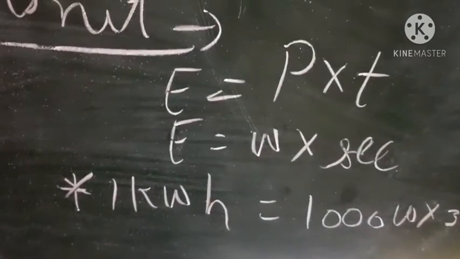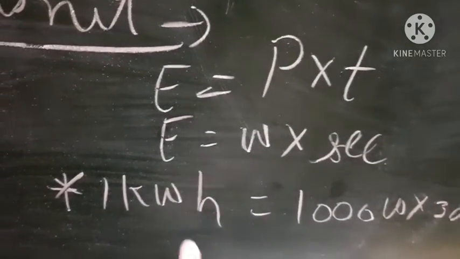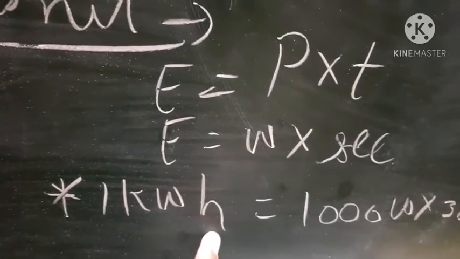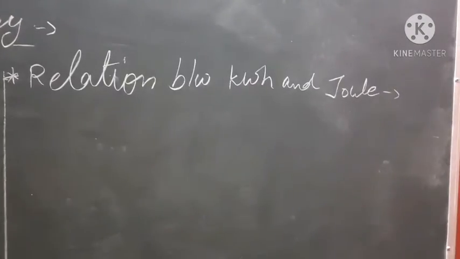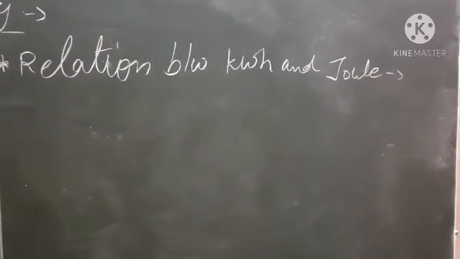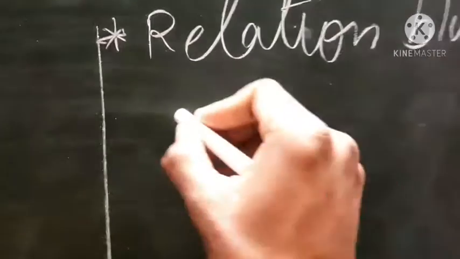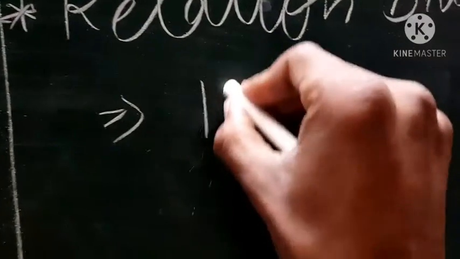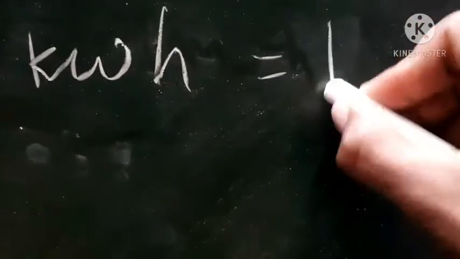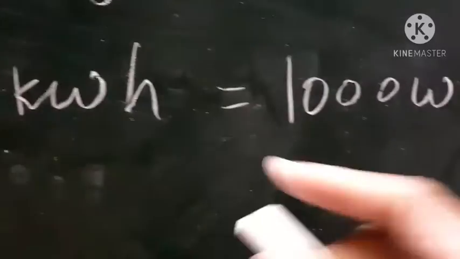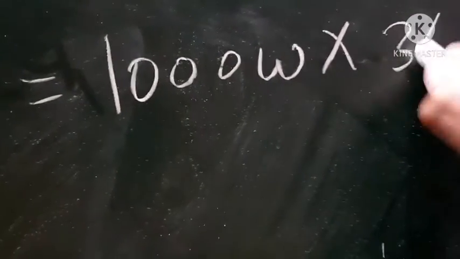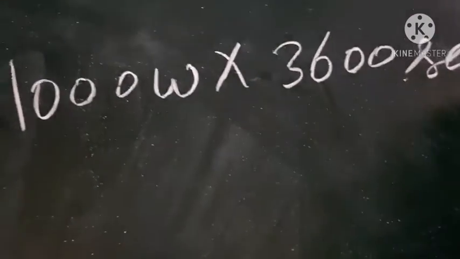Now if we want to calculate the relation between kilowatt hour and the joule, we can calculate it from here. 1 kilowatt means 1000 watt, and 1 hour means 3600 seconds.